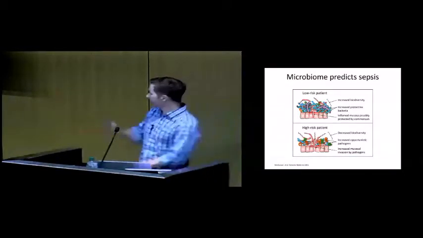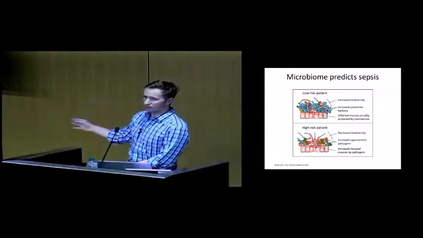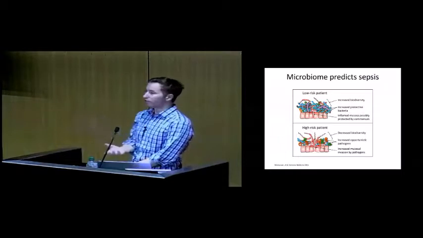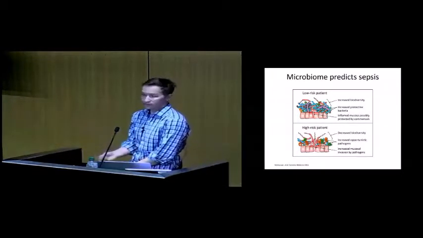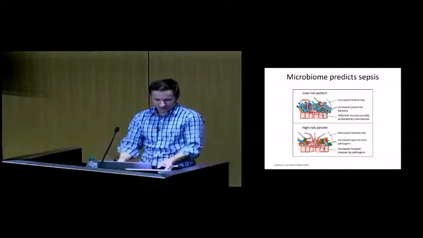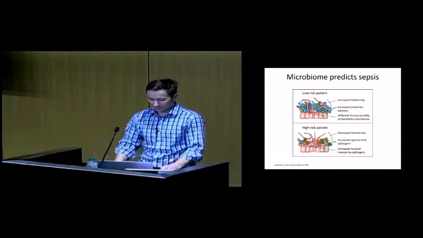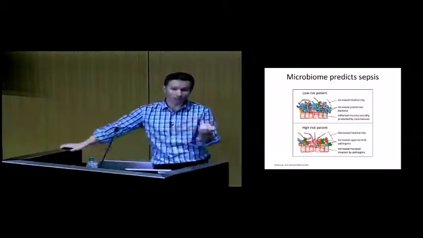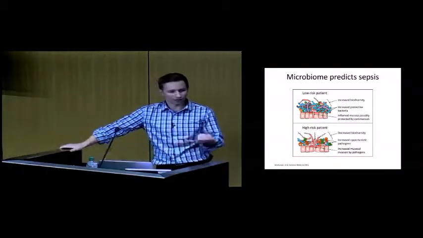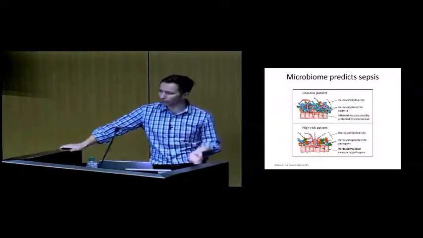Now, this is still a hypothesis, so I've not shown that it's causal. It could, again, just be telling us something about the immune system. It could be telling us something else about the state of the patient, where the microbiome is just correlated with the outcome. It's not actually causal. Although it could still be used to stratify patients or as an early warning indicator.